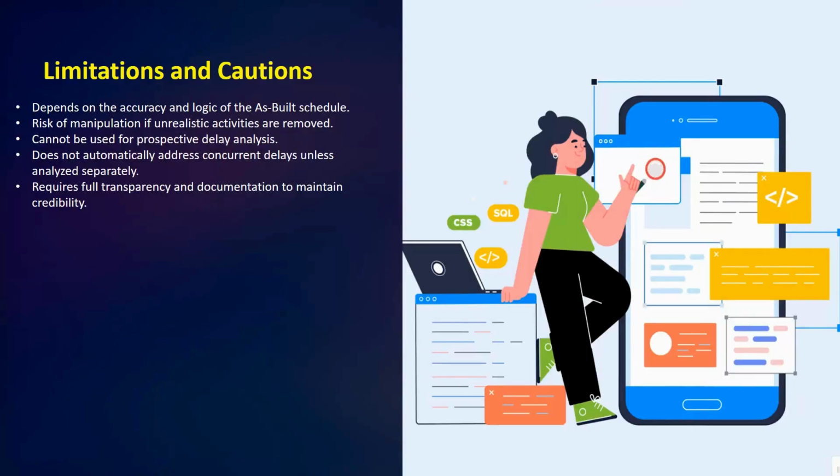Next, we have some limitations. Every method has some limitations, and here we have them for this method. There is a risk of manipulation, where unrealistic activities are removed. The accuracy of this delay analysis depends entirely on the quality and logic of the as-built schedule.